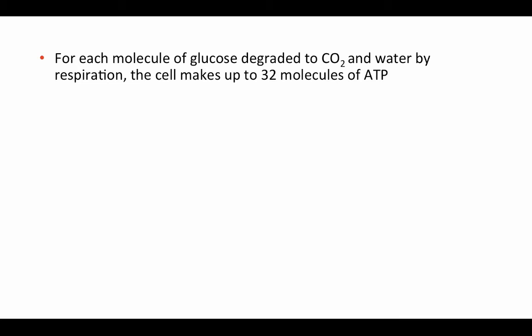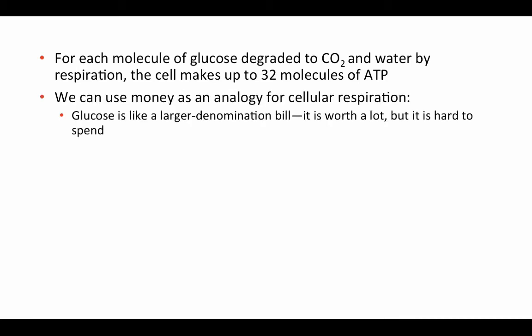For each molecule of glucose degraded to CO2 and water by respiration, in the presence of oxygen, if we're using this oxidative phosphorylation, the cell makes up to about 32 molecules of ATP. We can think of this using money as an analogy. Glucose is like a large denomination bill.